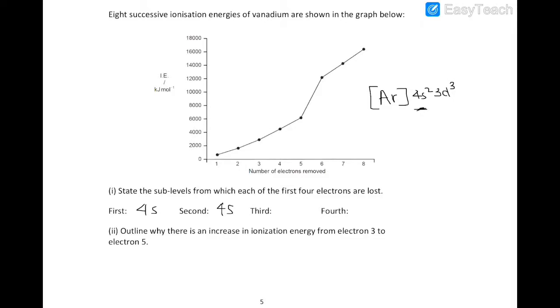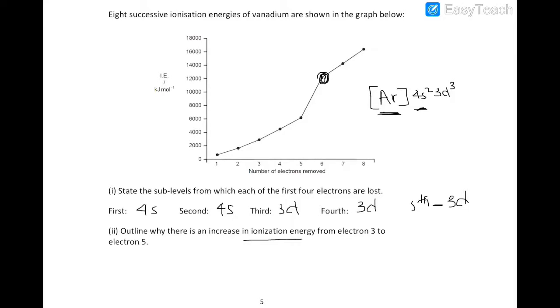The third one is going to be removed from the 3d, and the fourth as well from the 3d. And if you had a fifth one, the fifth one would also be removed from the 3d subshell. So then at the sixth one, there's going to be the jump, because then the sixth electron is going to be removed from the inner 3p subshell.